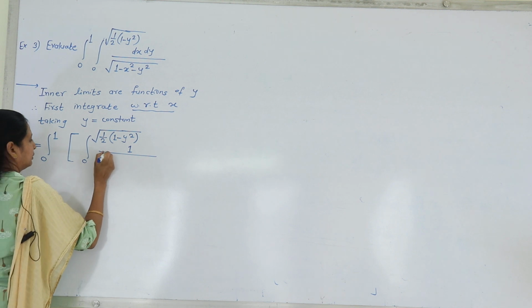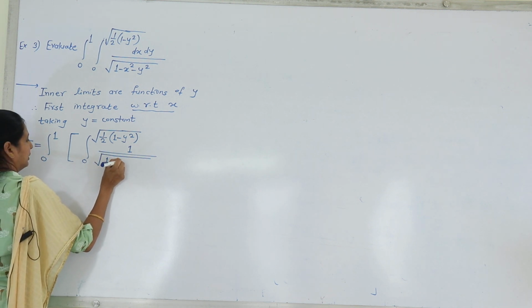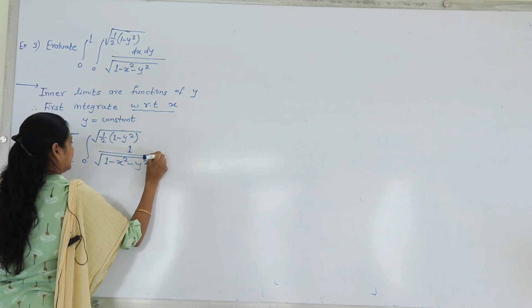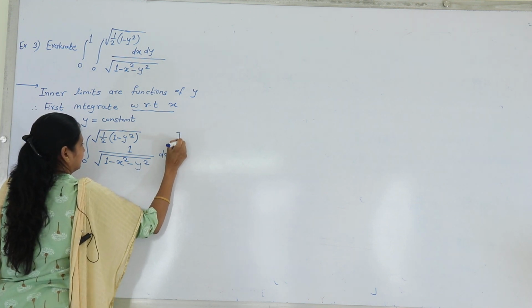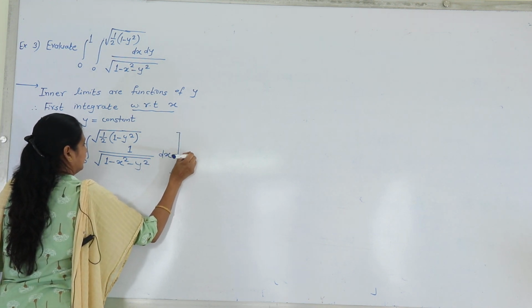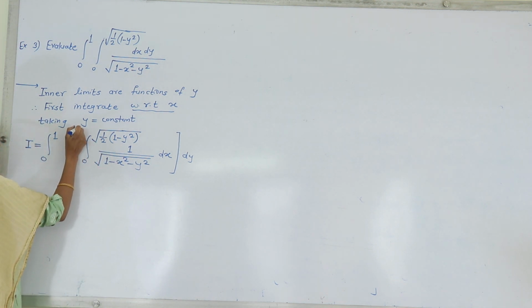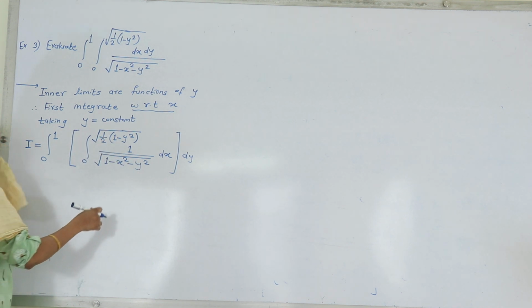So 1 upon under root of 1 minus x square minus y square. Integrate with respect to x first, therefore dx, then bracket, and outside should be dy. Means first we have to integrate with respect to x, therefore first should be dx and outside of the bracket dy.